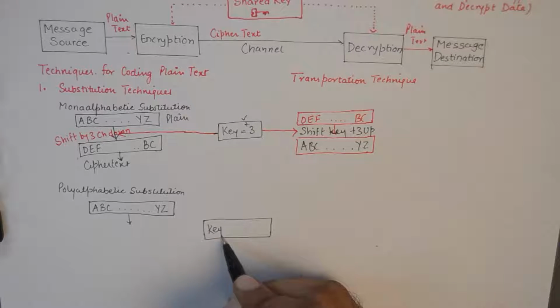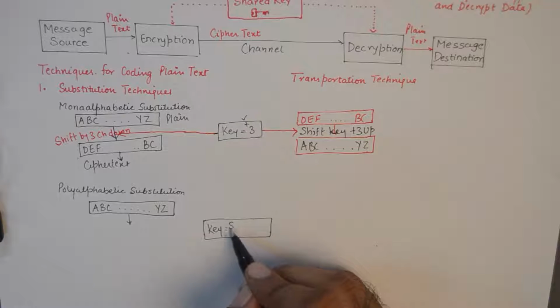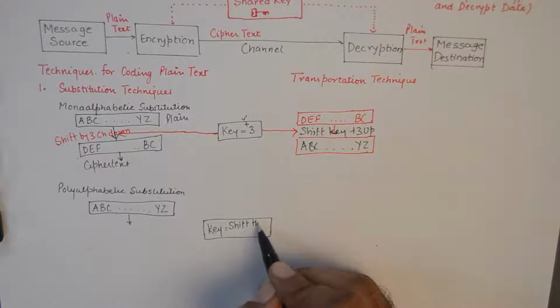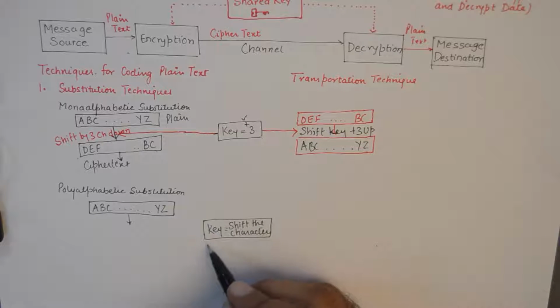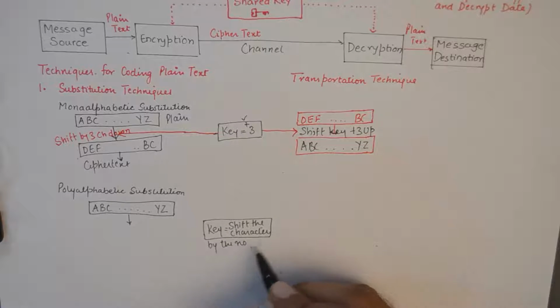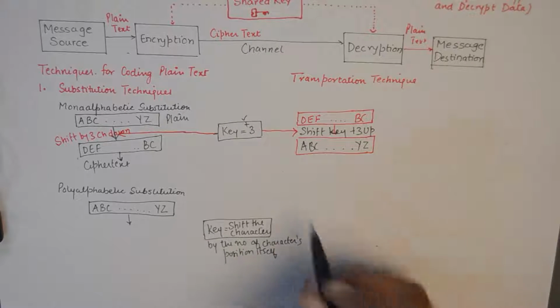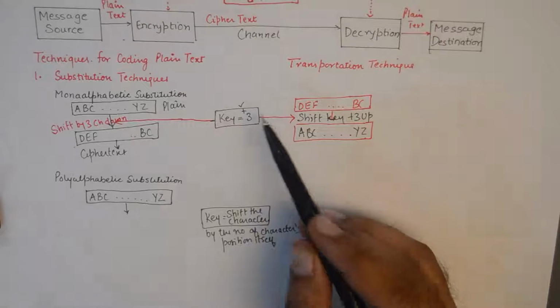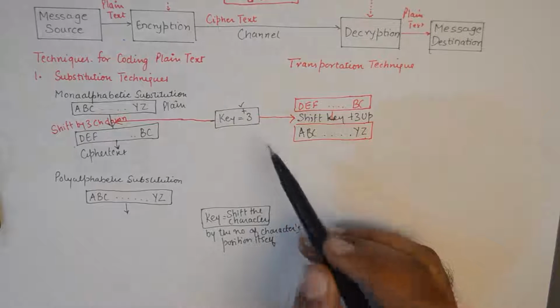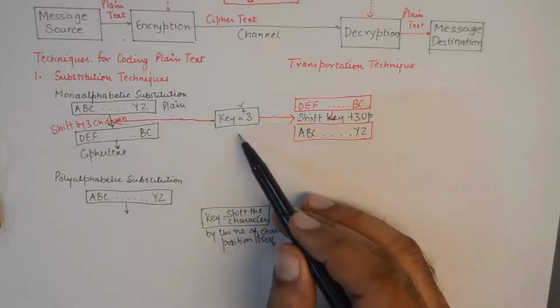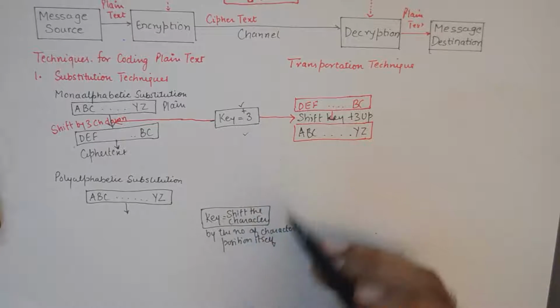The key is such that we shift the characters by the number of their character position itself. So this key is a little more complicated than the key which was used in monoalphabetic substitution.